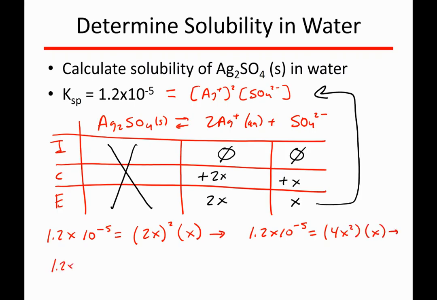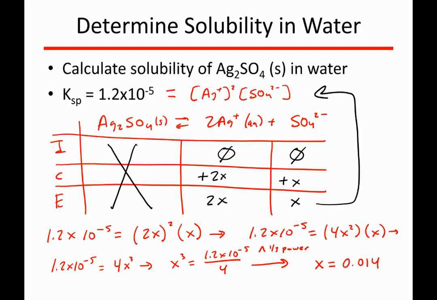So 1.2 times 10 to the minus 5 is equal to 4x cubed. Therefore, x cubed is equal to 1.2 times 10 to the minus 5 over 4. And to isolate x, you'll have to take the cube root of both sides, so raise both sides to the 1/3 power. And when you do that, x comes out to be 0.014.